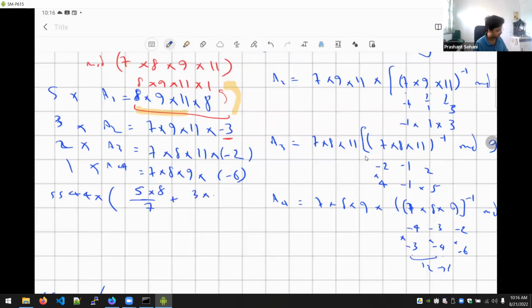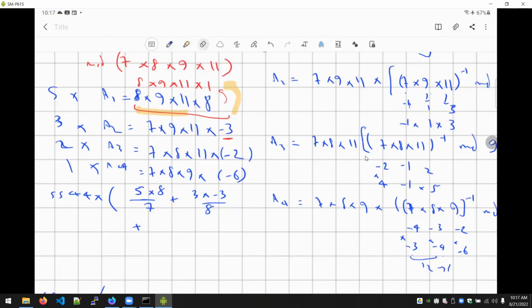Do you see that? Or does it turn out to be the same thing? I don't know if you're really simplifying anything. 2 into minus 2 by 9. 2 into minus 2. Minus 6 by 11.